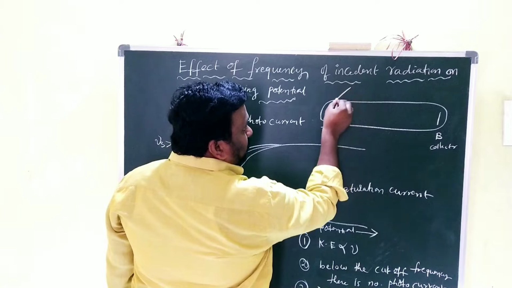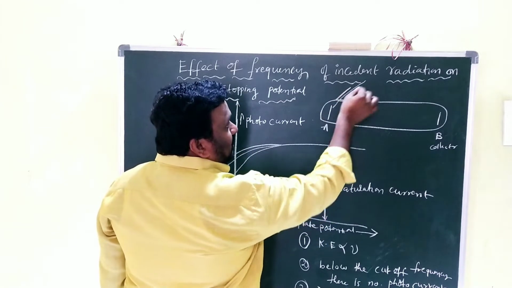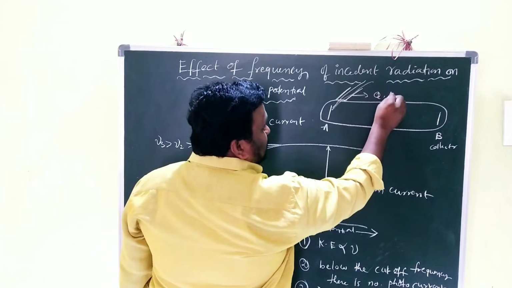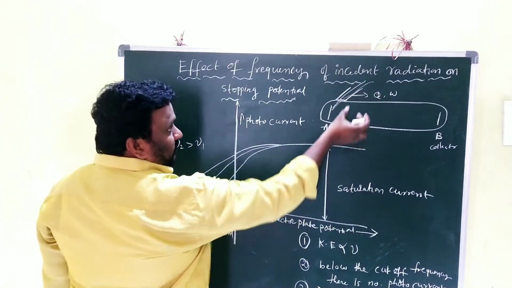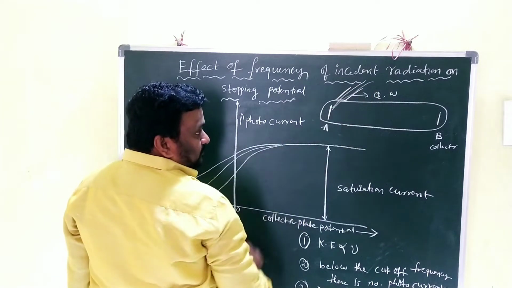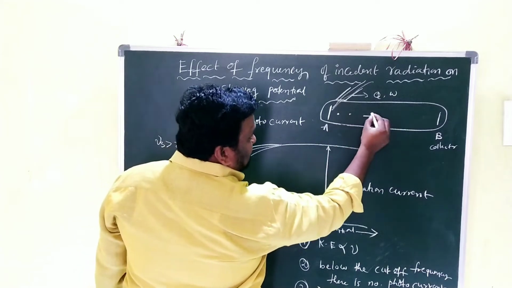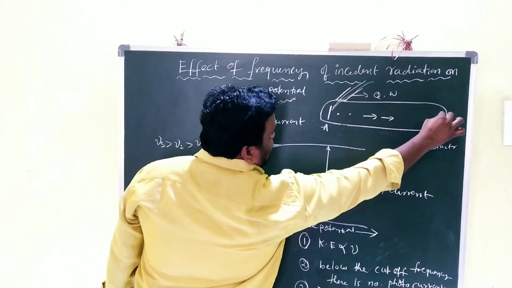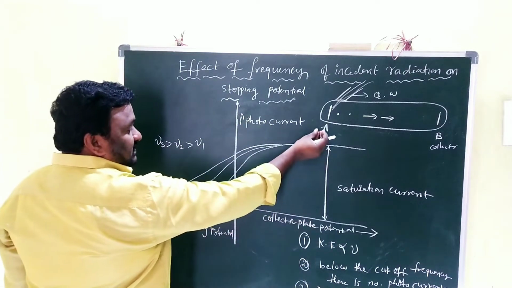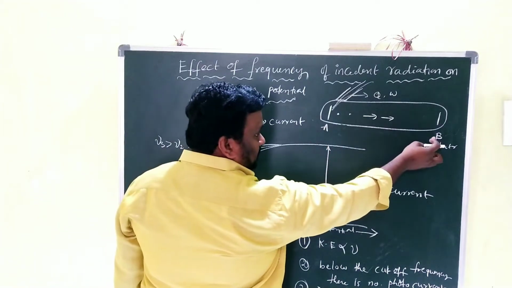There is a quartz window, and the light should be incident on the metal plate through the quartz window. When the light falls on the photosensitive metal A, the electrons are emitted. These electrons move towards the collector B. The electrons come from A and move towards B.